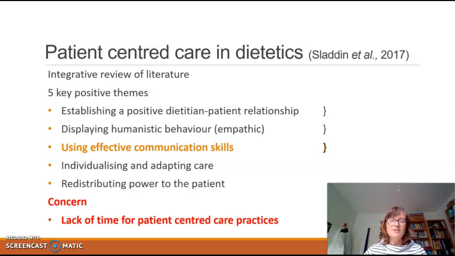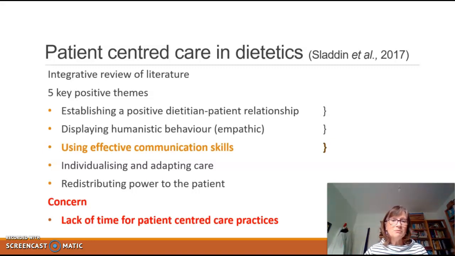The concern that came out of the literature, I think, is really important for us to note. So what it was saying, and this is the dietitian's perspective, is if I don't have enough time, I don't practice patient-centered care in the same way. And this comes up in quite a lot of the research, and I certainly found it in some of my research as well, including something more recent than this review.